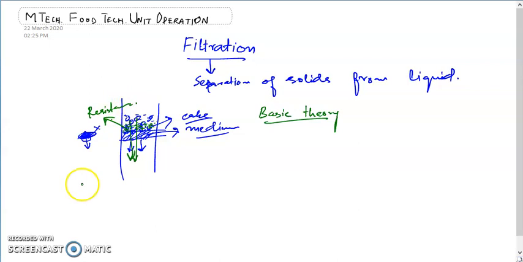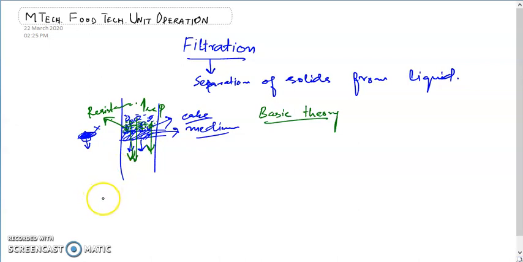Therefore, a higher pressure difference is necessary to maintain the flow rate of filtering. So when the solids get piled up here, we have to increase the pressure to maintain the flow constant.